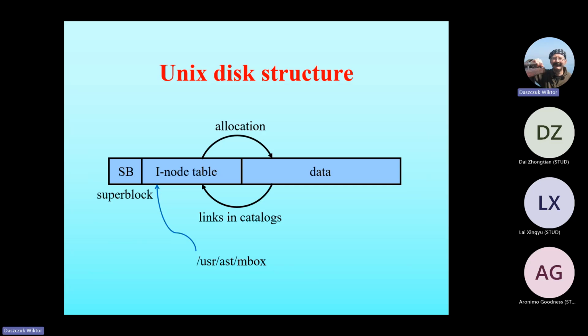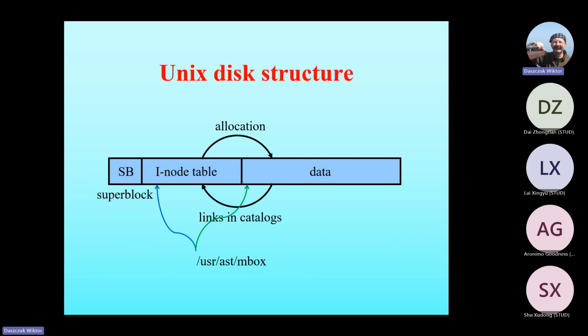It says where is the main catalog root in data. Typically it is in the beginning, because when we create a new disk, we create root directory on empty data area. So typically it occupies the beginning.